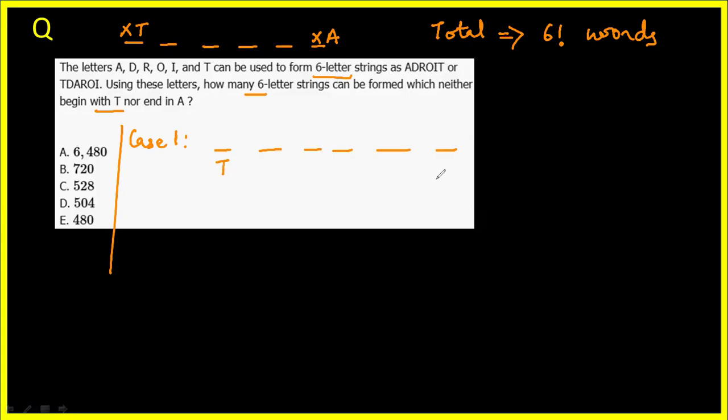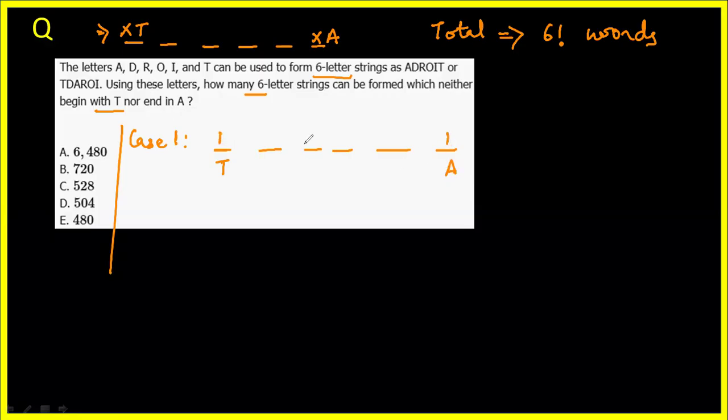Now, this case which starts from T and ends with A we have to subtract, because we do not require T at the beginning or A at the end. Now, how many words are there such that it starts from T and ends with A? First position, how many choices? Only one.